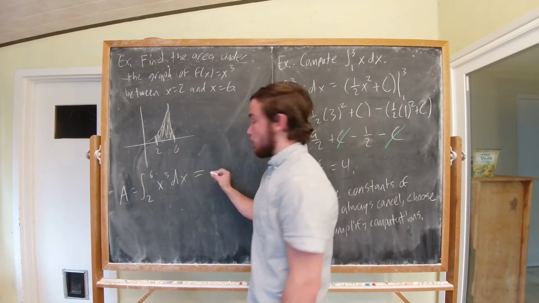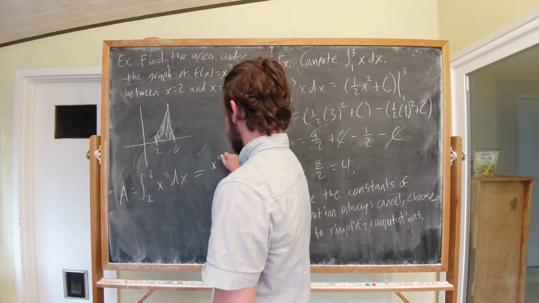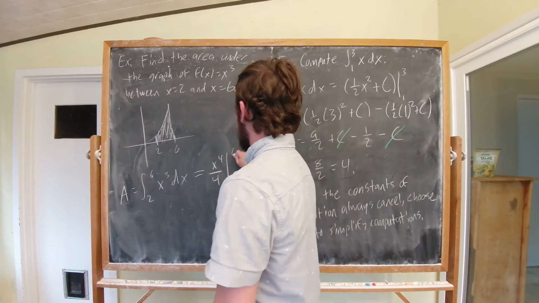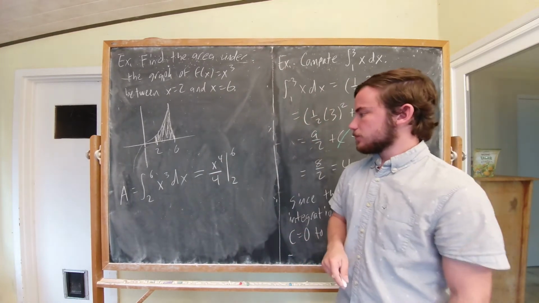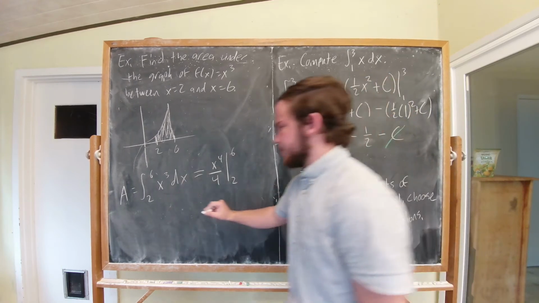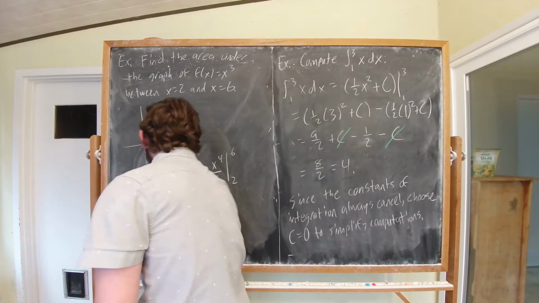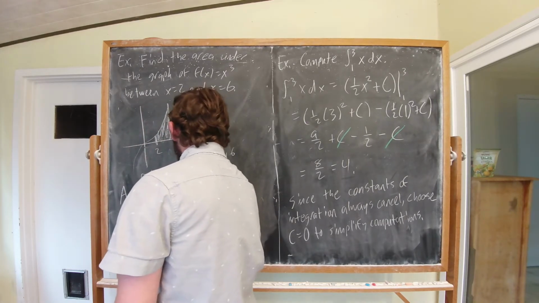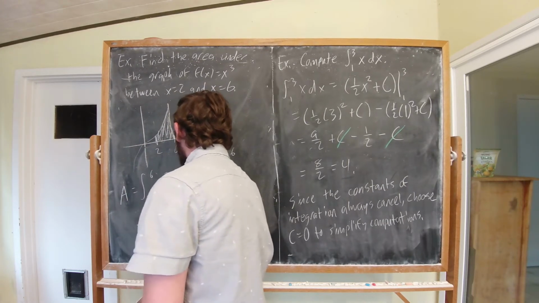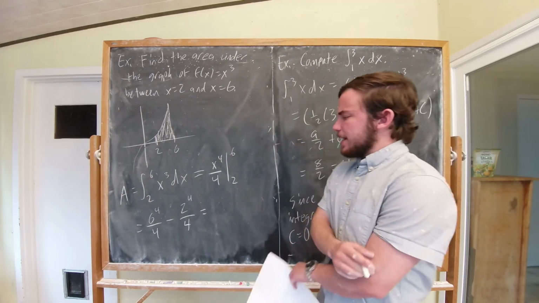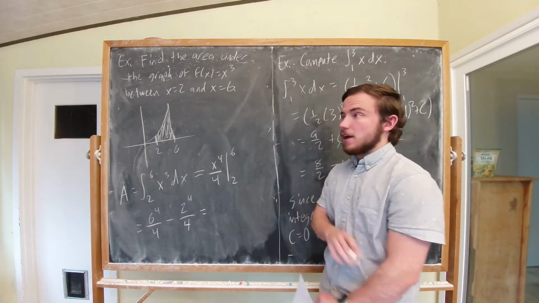We'll choose x to the 4th over 4 between 2 and 6. Using our piece of notation, this is 6 to the 4th power divided by 4 minus 2 to the 4th power divided by 4. And I didn't bother to work this out ahead of time. I'm regretting that decision now.